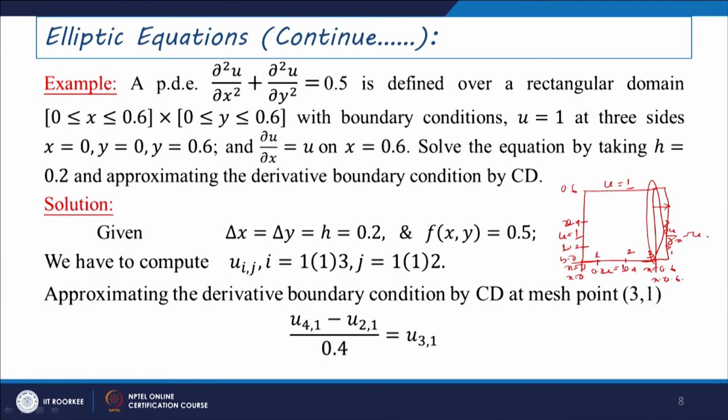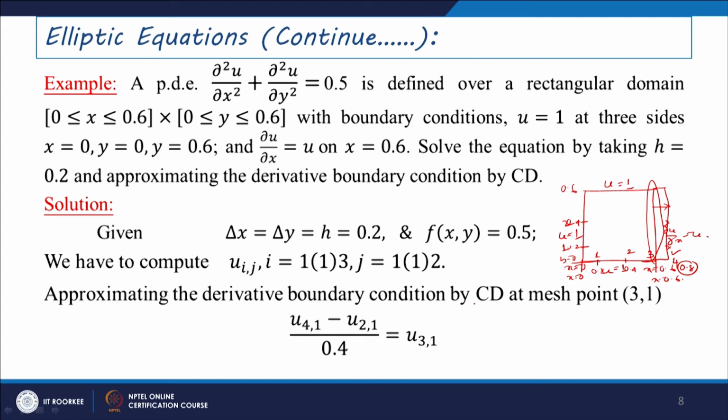And if we approximate this derivative boundary condition at this last boundary, which is represented at x equals 4, or we can consider it as 0.8 here, then this cell can be considered as u_{4,1} minus u_{2,1} by 0.4 equals u_{3,1}.